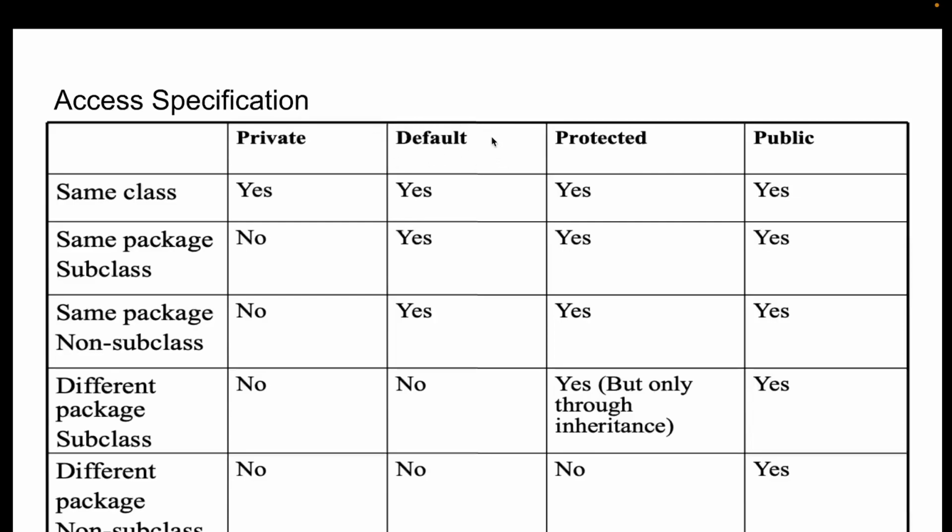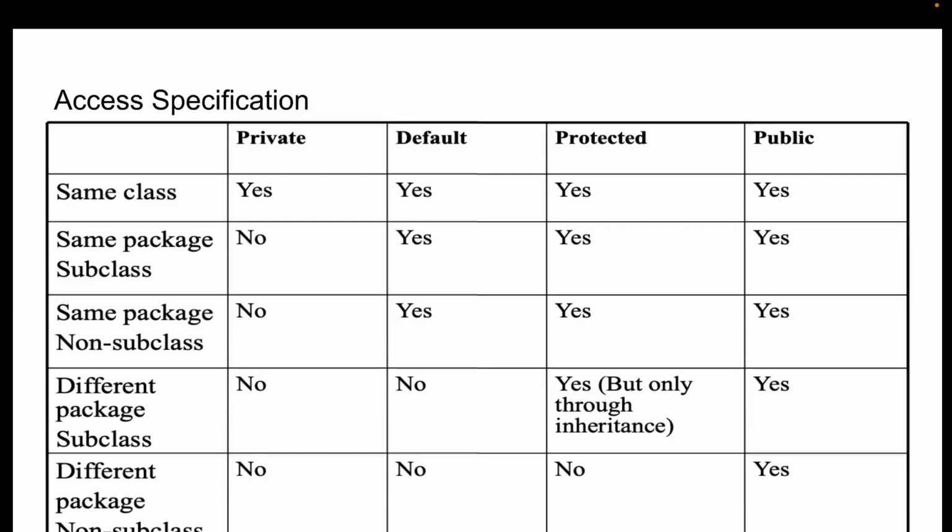What that means is default has its scope of access within the same package. Suppose I have created one package and I have say 10 files in that, and I want to access any file from another file in that package. I will be able to do that.